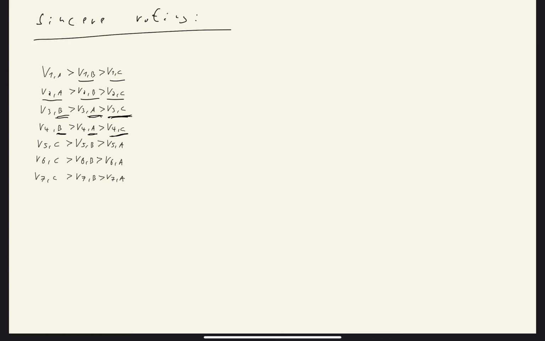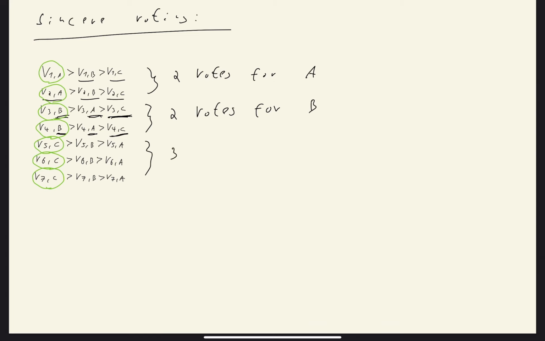If everybody would vote according to his preferences, voter 1 would vote for A, 2 would vote for A, 3 would vote for B, 4 would vote for B, and all the remaining voters would vote for C. So there are then 2 votes for A, 2 votes for B, and 3 votes for C. A consequence of this would be that candidate C wins.